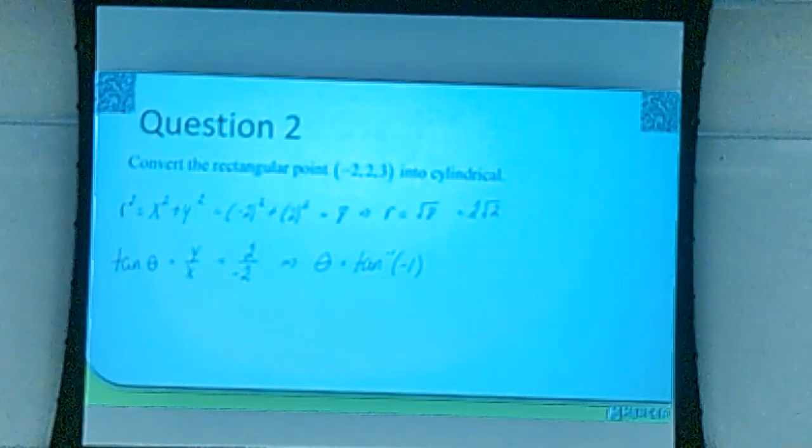The biggest issue is negative pi over 4 is located where? In what quadrant? Where is our projection of the point located?